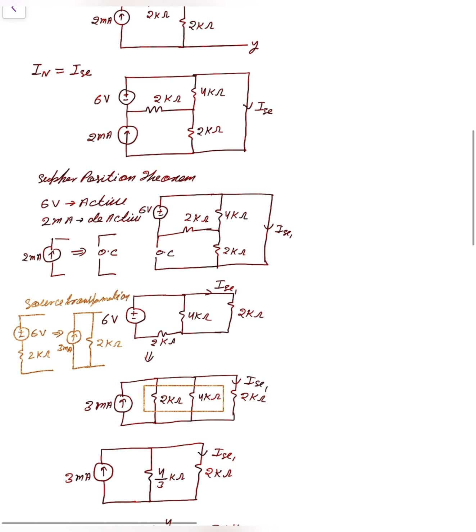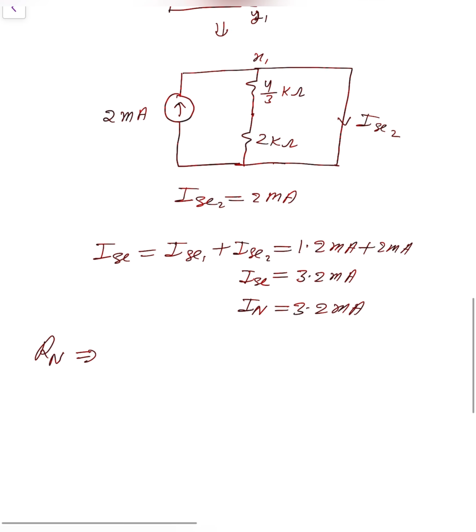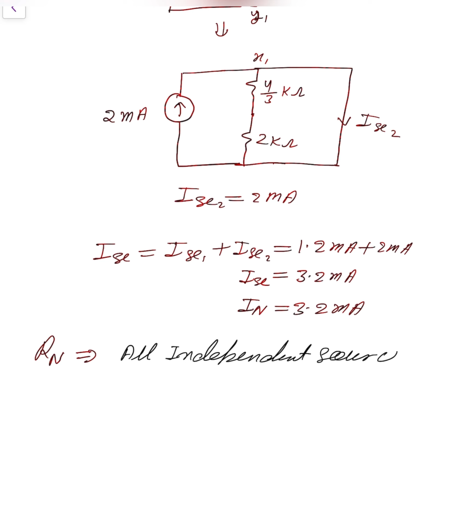After that we focus on RN, the Norton resistance. So how can we determine it? RN means all independent sources are reduced to zero.